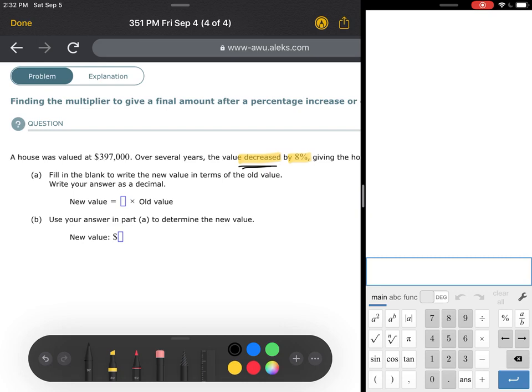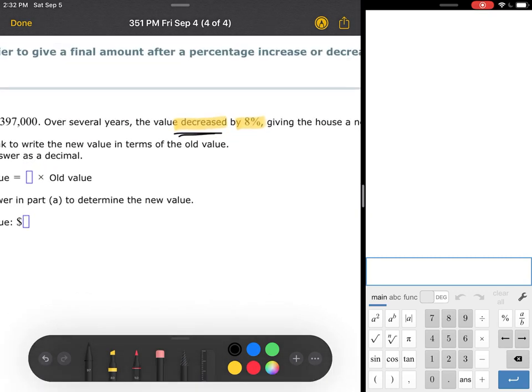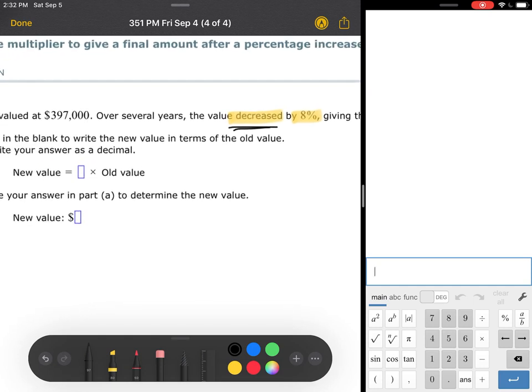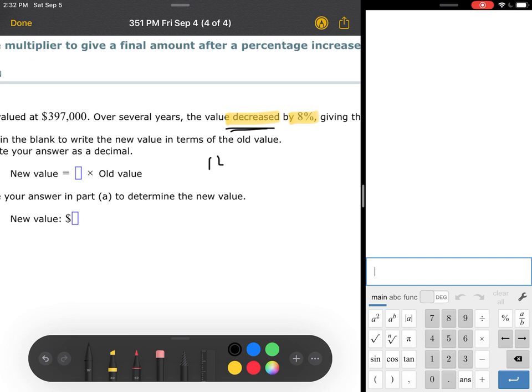So if I have decreased by 8%, let's put it this way. If I have the 100% is $397,000, right? If I have 100%, that is the whole thing.